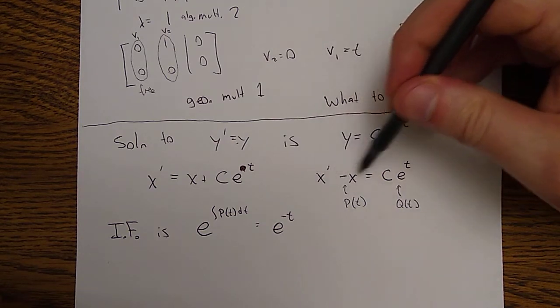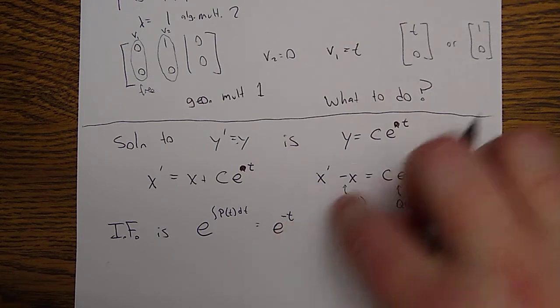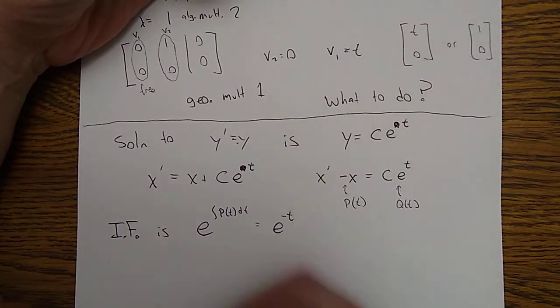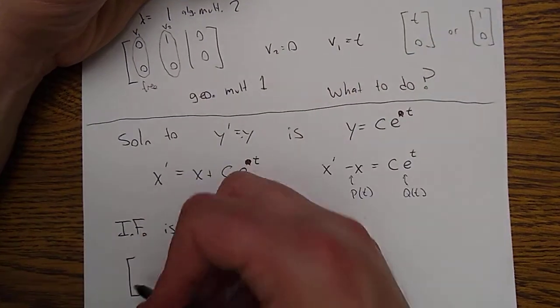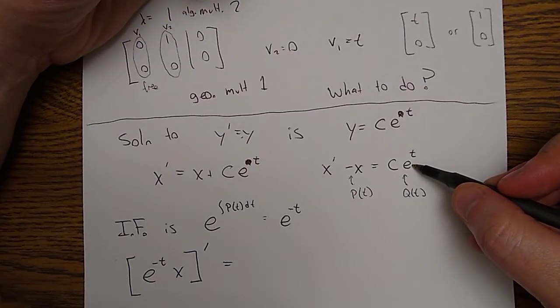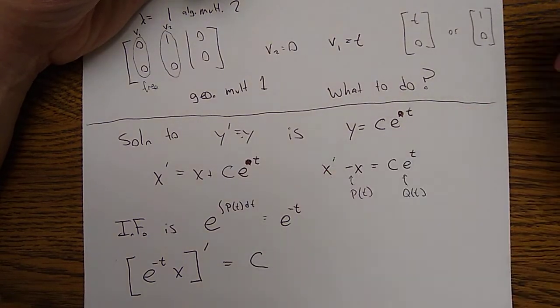I multiply both sides by that. When I multiply the left by the integrating factor, what it's supposed to be is the integrating factor times x prime. And if I multiply the right by that integrating factor, e to the t cancels with e to the negative t, and I just get c.